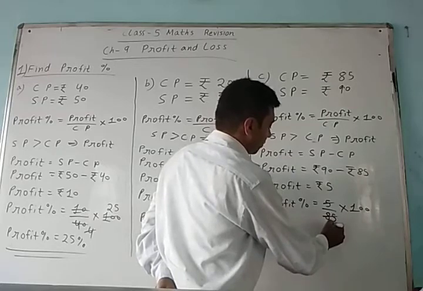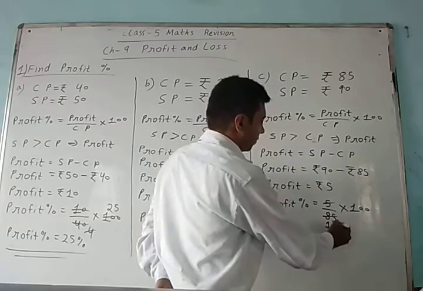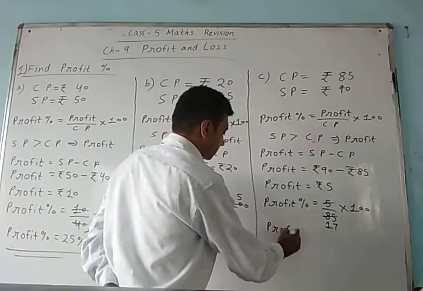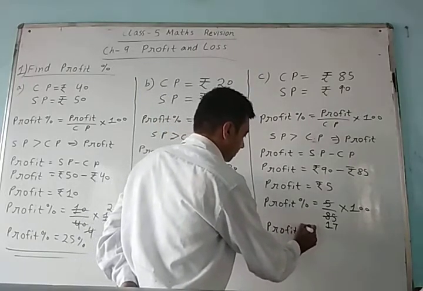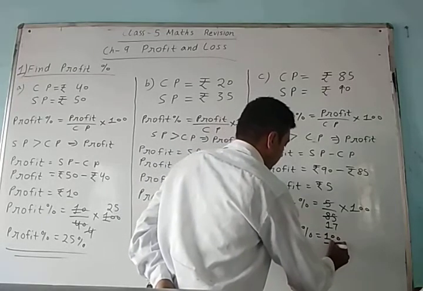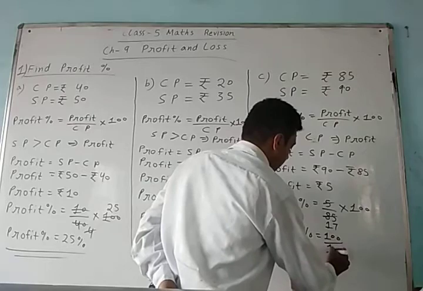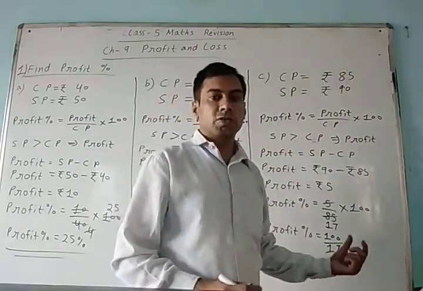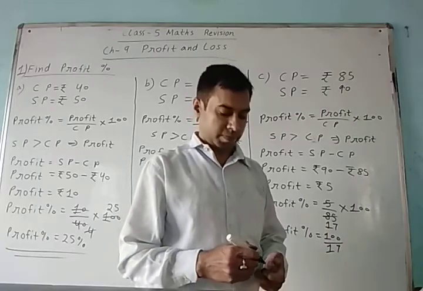Now profit percent is 100 upon 17. Now student, we can reduce it to mixed fraction form.